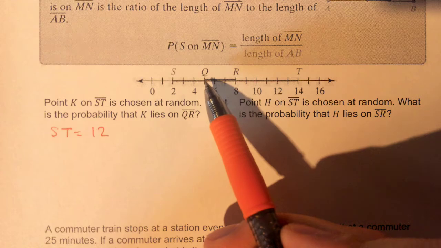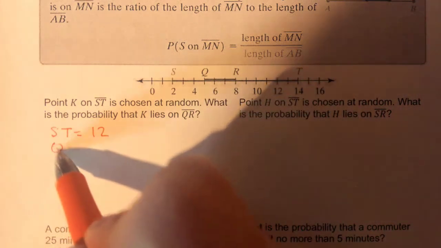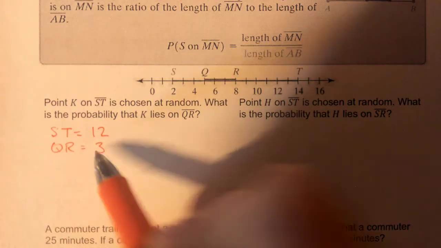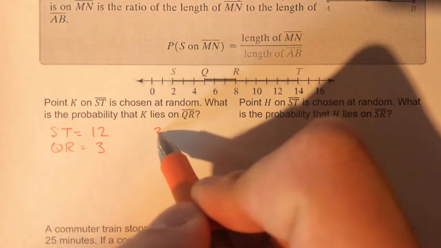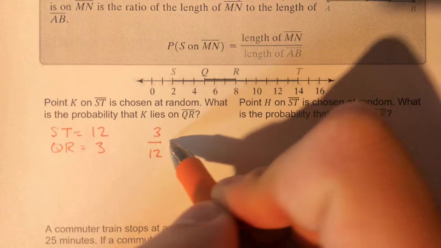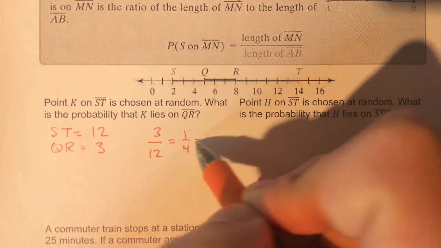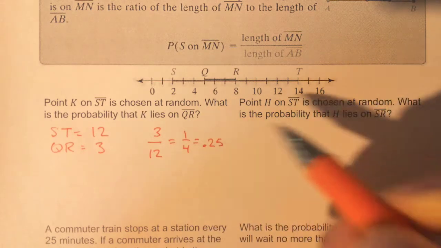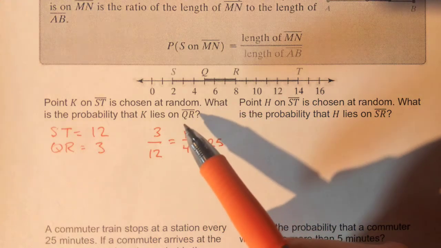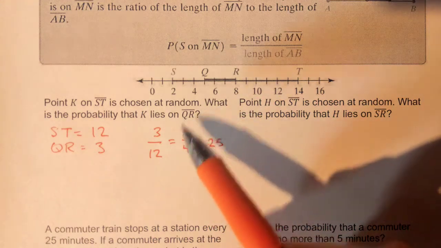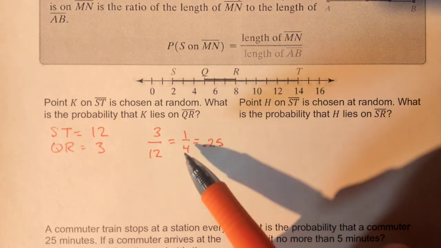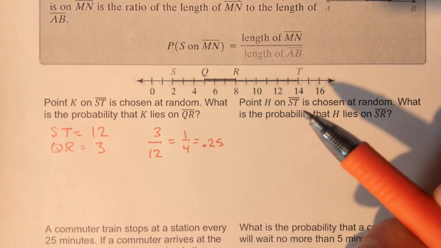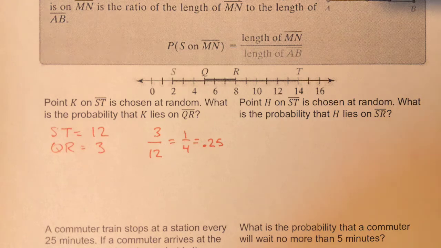It starts at 5, goes to 8. That's a length of 3. So the probability that it would be on QR would be 3 out of 12, which reduces to 1/4, which as a decimal is 0.25. So whatever they're asking you for, either as the fraction, you always want to reduce it, or as the decimal, remember just 1 divided by 4, or whatever your fraction answer happens to be.